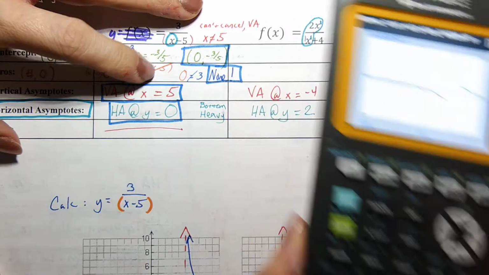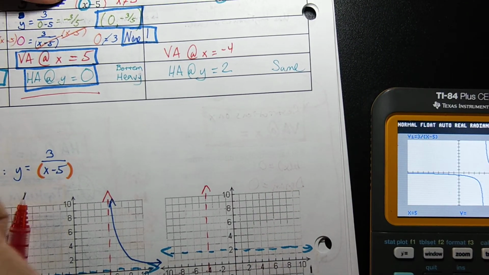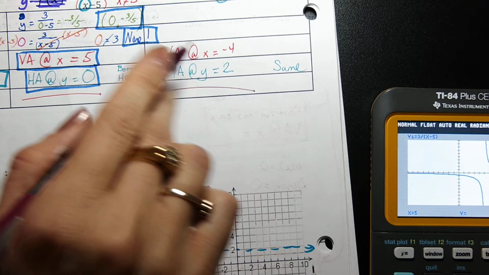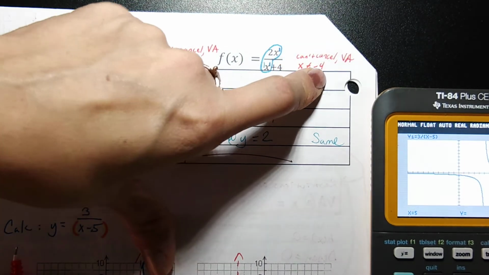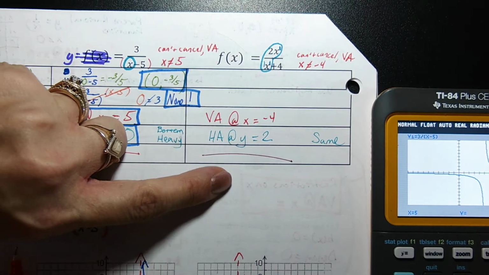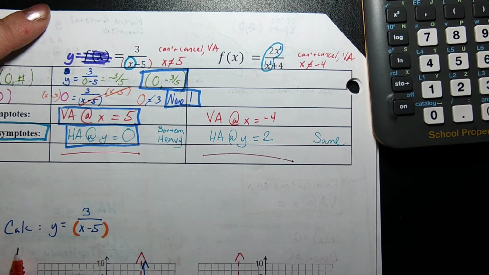Okay, let's go ahead and take a look at the next one. Hoping we remembered to check that there wouldn't be any holes here. So every restriction you have on x will either be a vertical asymptote or a hole. It cannot be both. Let's go ahead and find the y-intercept for this function.